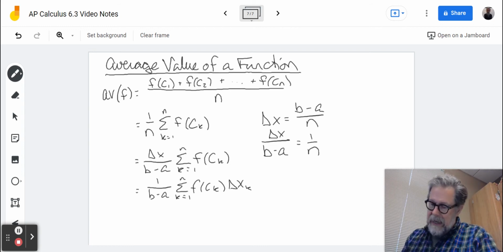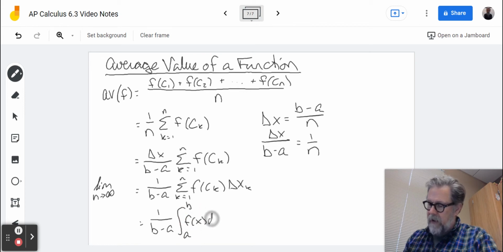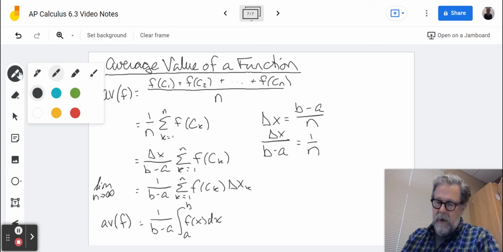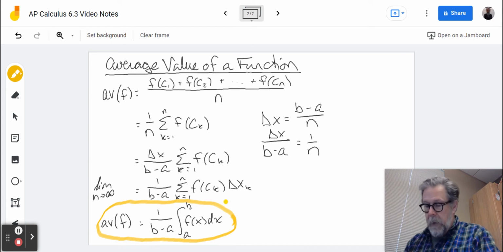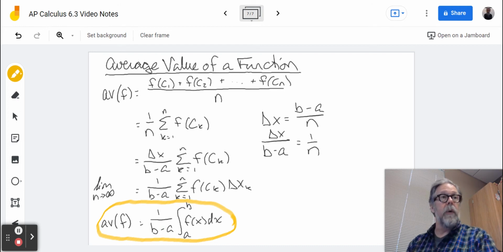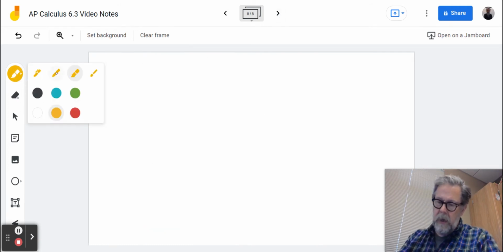And notice that, thinking back to what we've talked about before, if I take the limit of this as the number of rectangles goes to infinity, that sum becomes the integral from a to b of f of x dx. So if we want to find the average value of some function, all we have to do is find the area under the function, the integral from a to b, and then divide it by the width of the interval. So let's do a quick example.